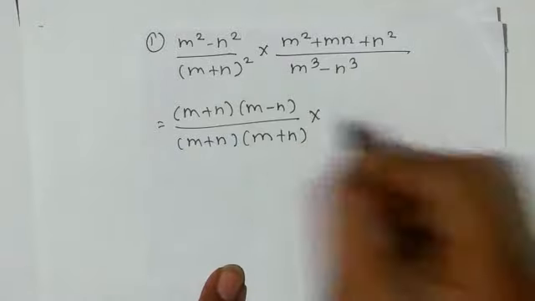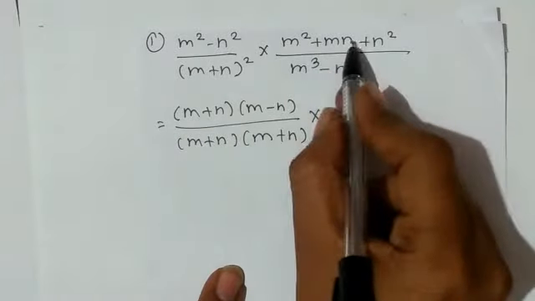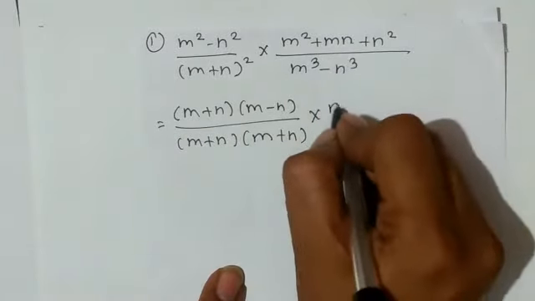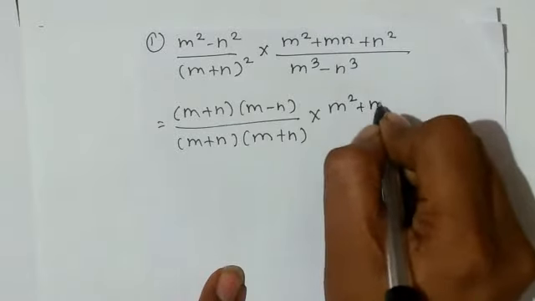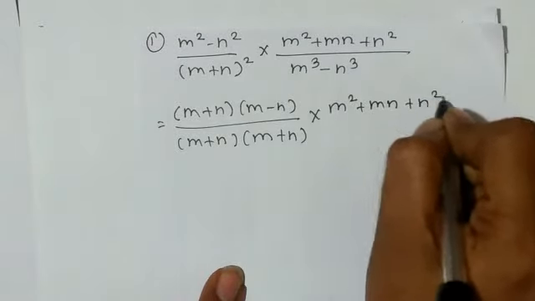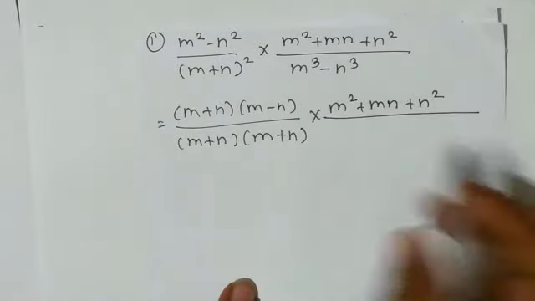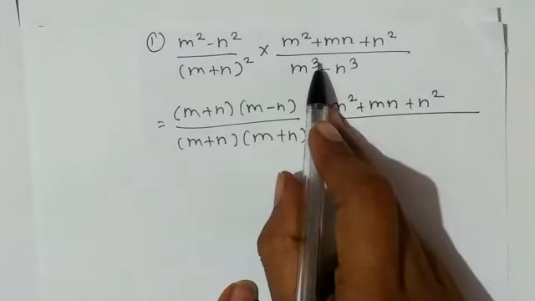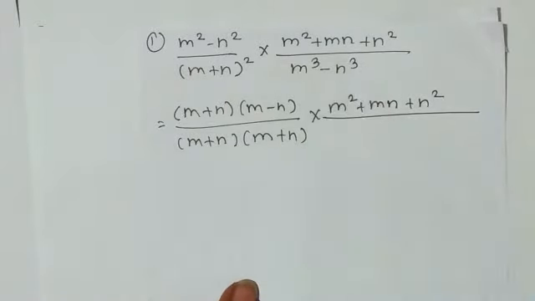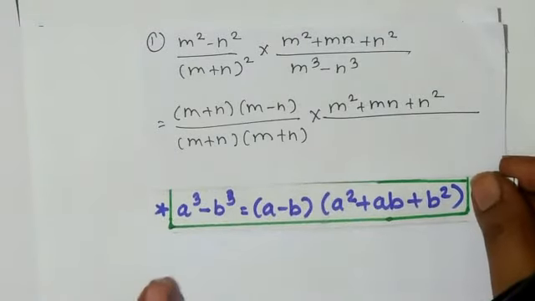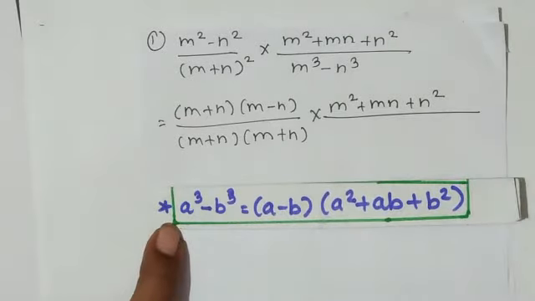Symbol of multiplication. This whole term is already solved properly, so we will write it as it is, m square plus mn plus n square, upon, now here m raised to 3 minus n raised to 3. This term we have to solve by using this type of formula. Got it, students?